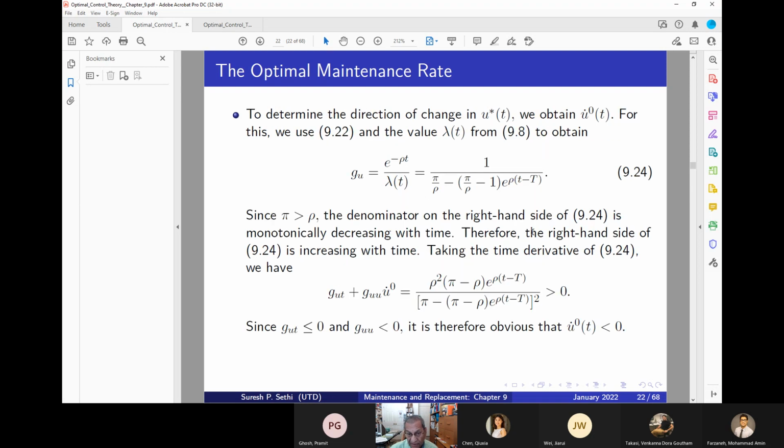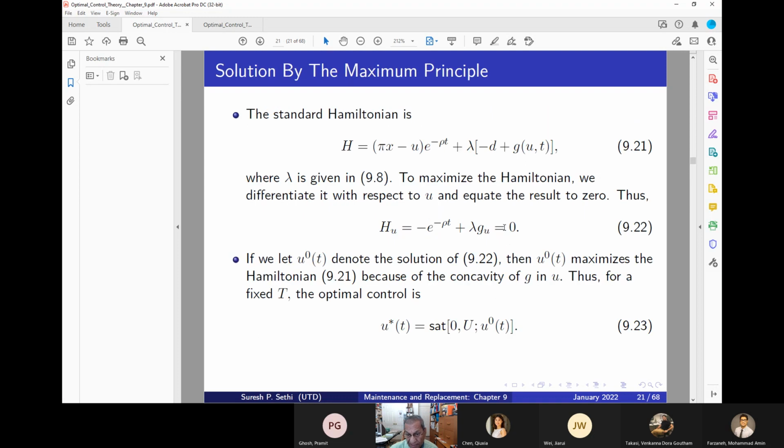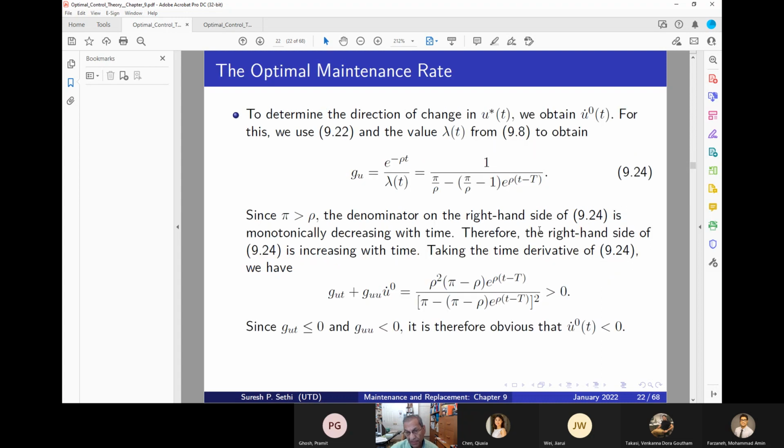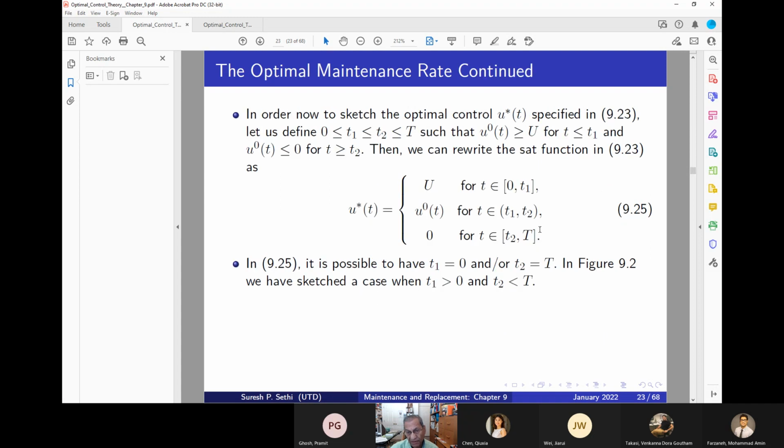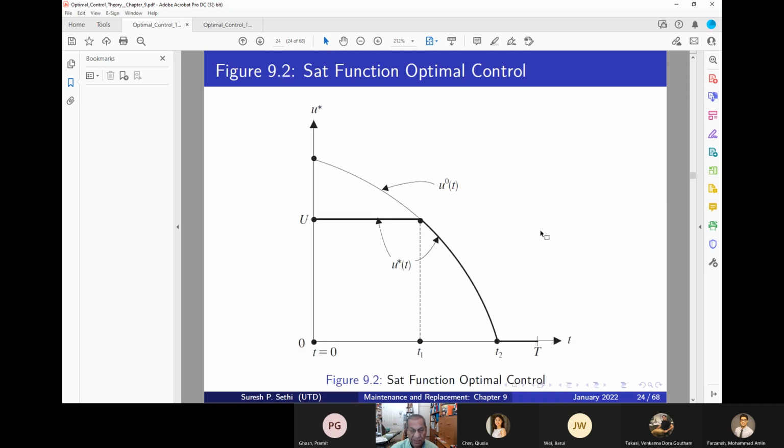You maintain the singular control by keeping that quantity at 0, meaning you select the u in order to keep it 0. That is the solution. If u0(t) is above capital U, then you set u to capital U. If u0 is below 0, then you set it to 0. But if u0 is in between, then you set u(t) equal to u0(t).